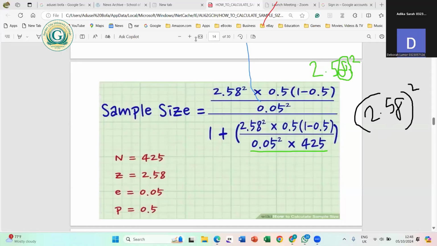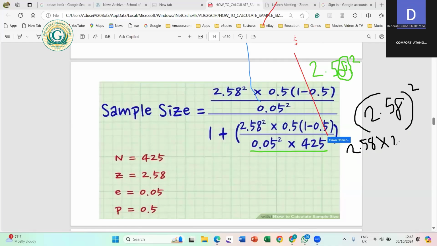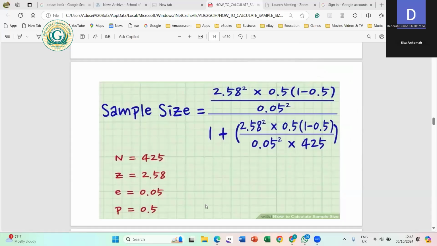Another option, to be on the safer side, is 2.58 times 2.58. That one is simple, and I prefer you use this one. The moment you see any number squared, you multiply the number by itself, and that will help you. I'm sure that's why you guys are getting the wrong answer.